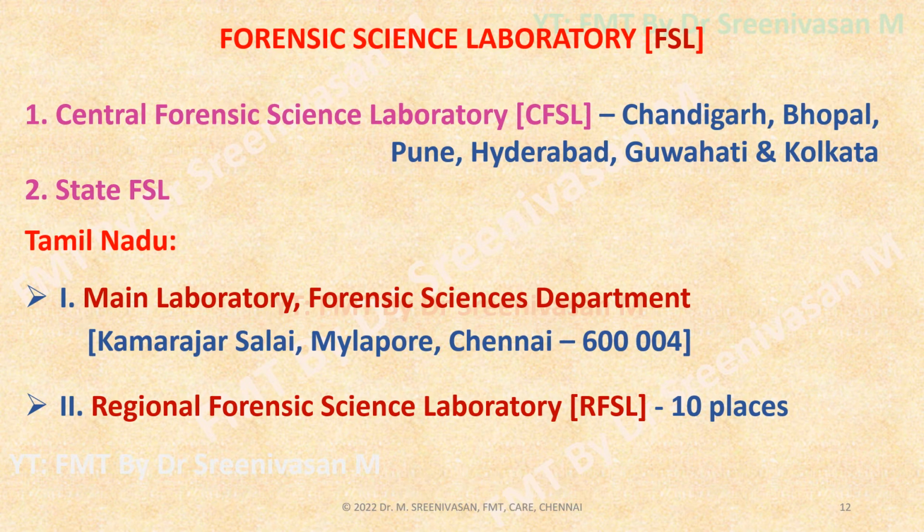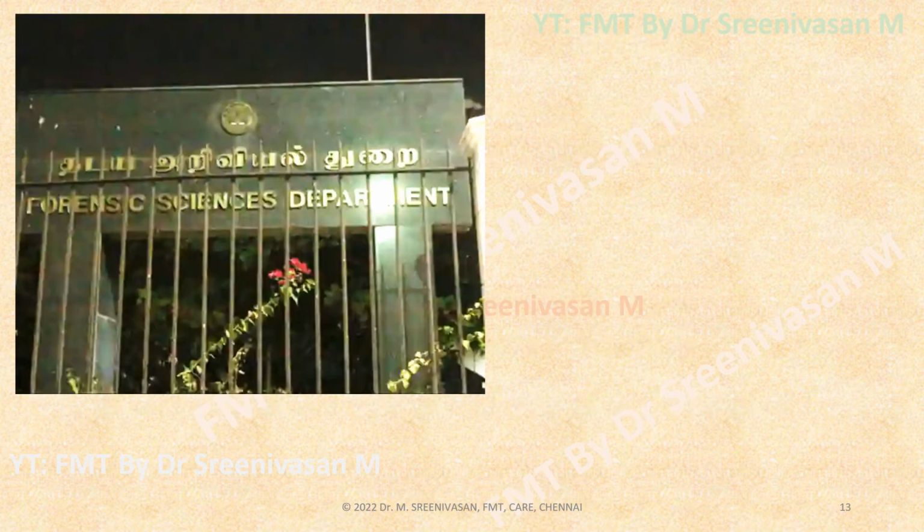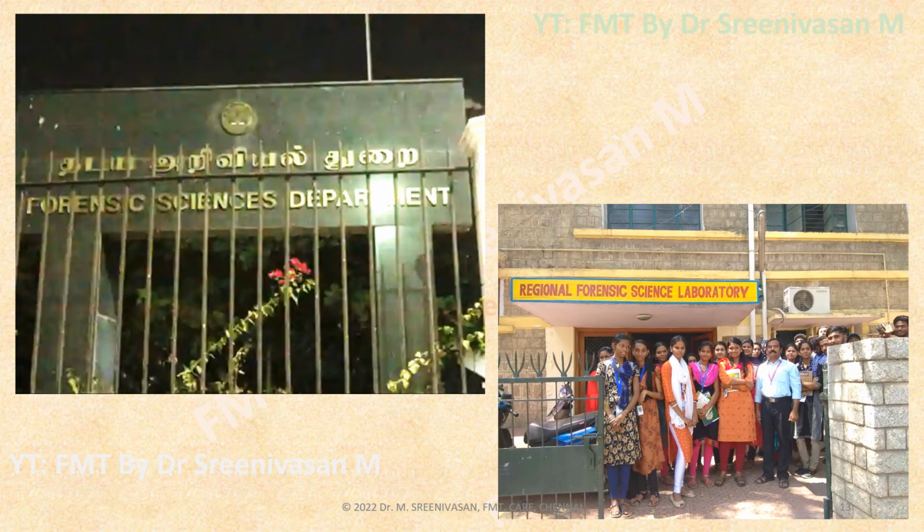They are also equipped with various facilities, but DNA fingerprinting, superimposition and all are done in the main forensic science laboratory at Chennai only. This is the forensic science department, situated just opposite the Lighthouse on Kamarajar Salai. Whereas this is the regional forensic science laboratory situated at Madurai, near Madurai Medical College.